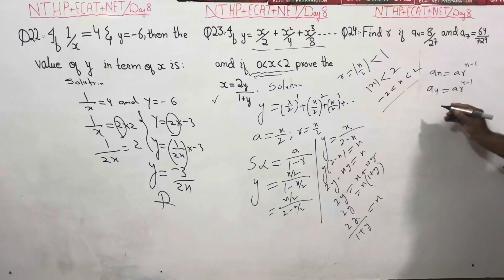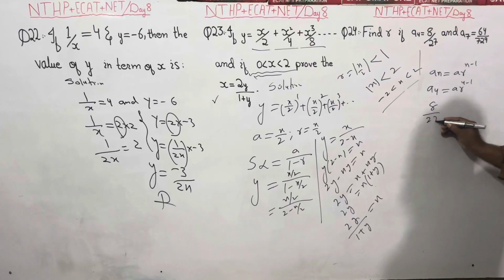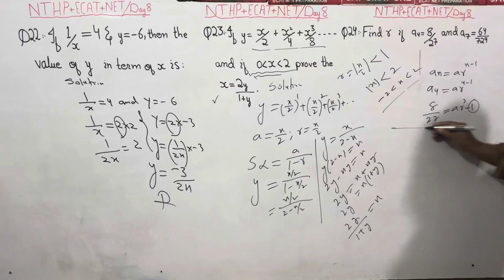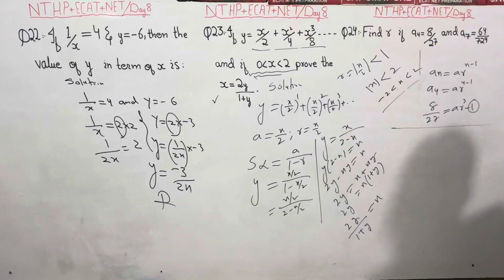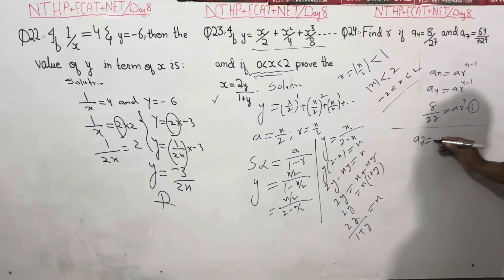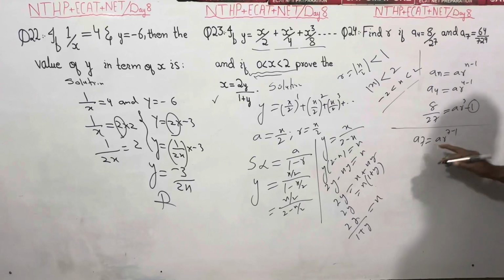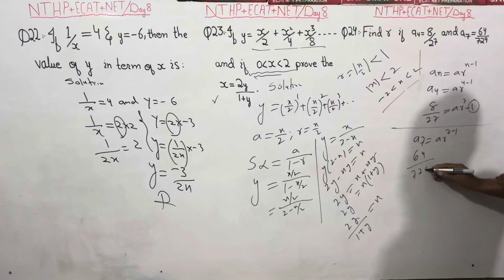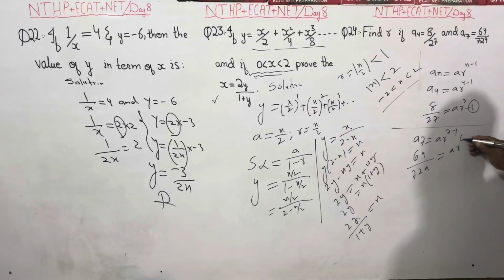The fourth term is given as 8 over 27, so a r cube is 8 over 27. This is our equation number 1. For the seventh term, put n is equal to 7: a r to the power 7 minus 1. The value of the seventh term is 64 over 729, equal to a r to the power 6.